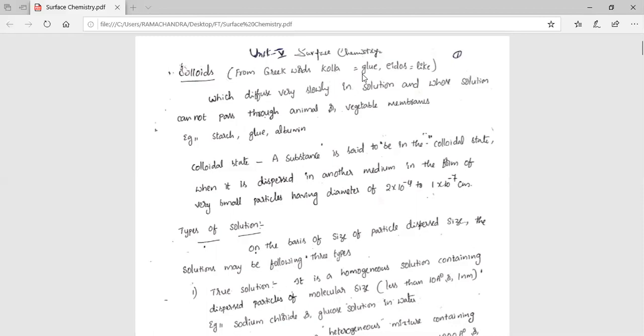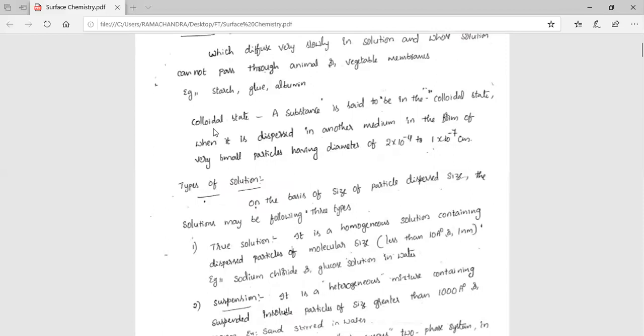So colla equals glue, and eidos equals like. Colloids are substances which diffuse very slowly in solution and whose solution cannot pass through animal or vegetable membranes. So examples: starch, albumin, glue.